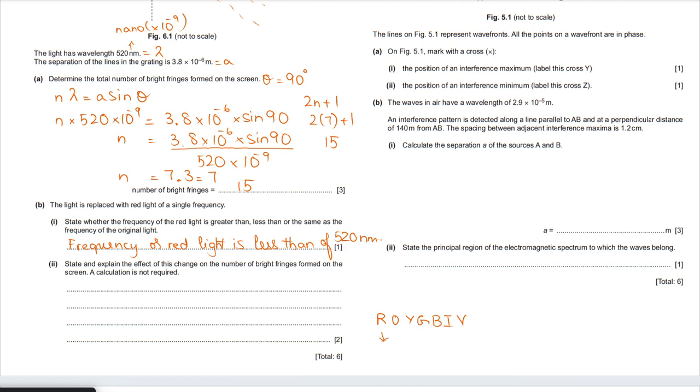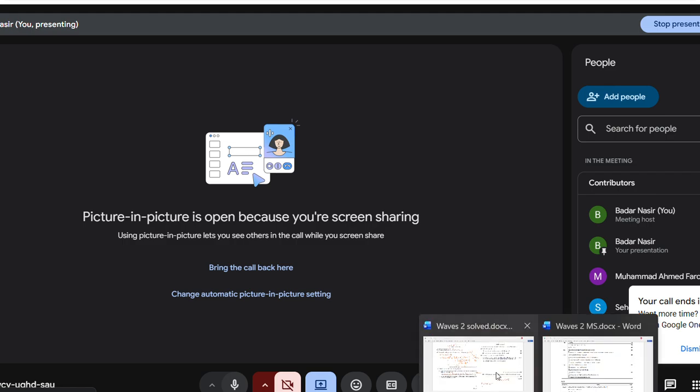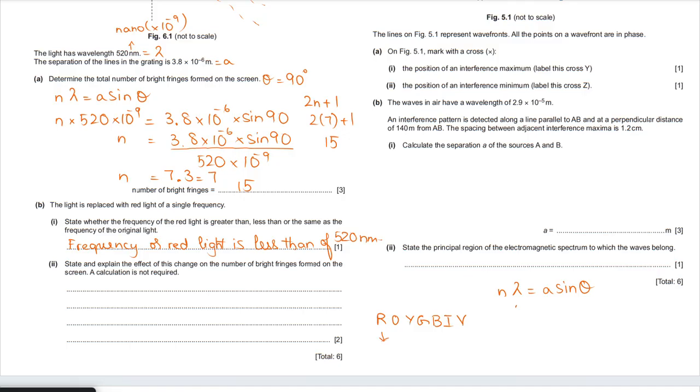A calculation is not required. So he is asking whether there will be any difference in the number of bright fringes formed. So what is the relation between lambda and n? I told you, if you have to study the relation between two quantities, one quantity should be on one side of the equal sign and the other quantity on the other side. So lambda is equal to a sin theta over n.